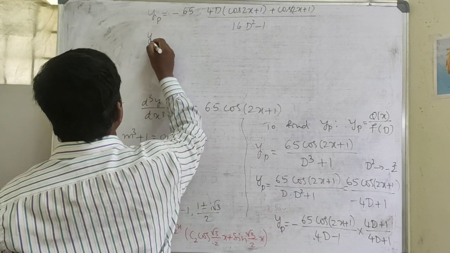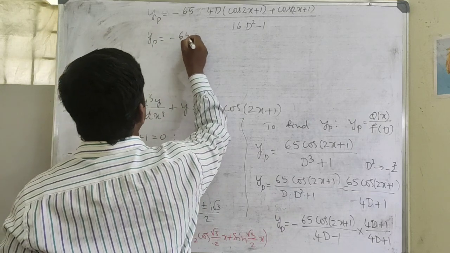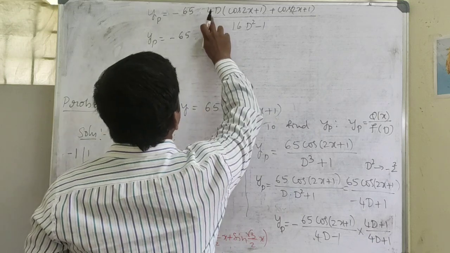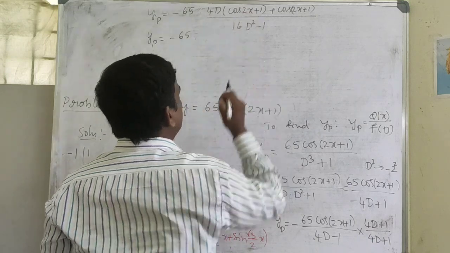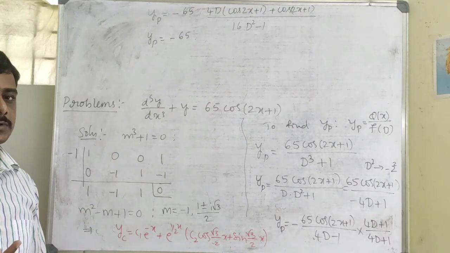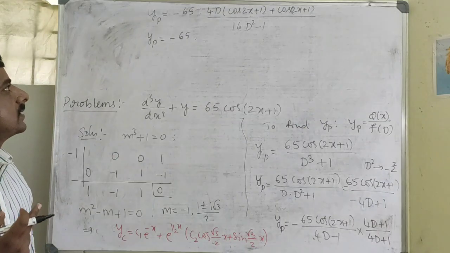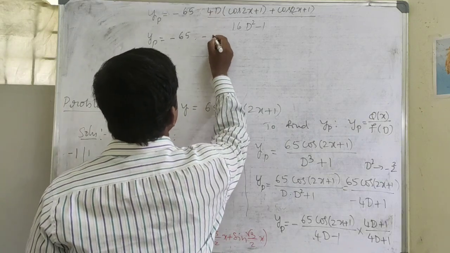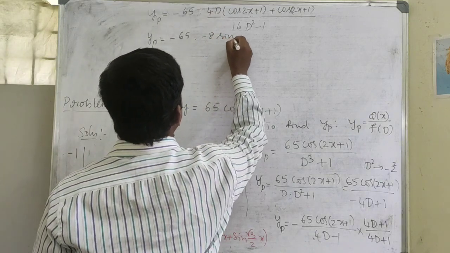So yp is minus 65 times 4 into d of cos of 2x plus 1, that means differentiate cos of 2x plus 1. So it will be minus 2 sin of 2x plus 1, there is 4 here, minus 8 sin of 2x plus 1.